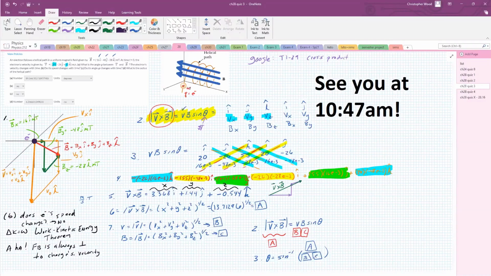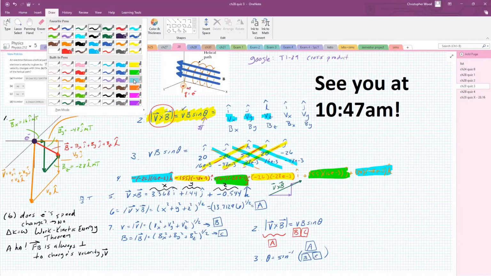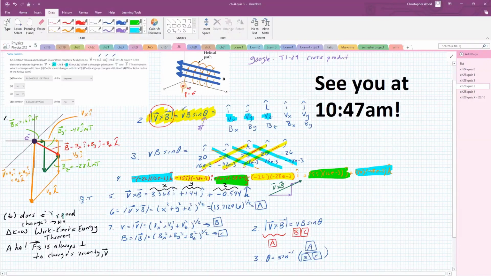Or maybe more intelligently, why is the magnetic force always perpendicular to the velocity vector? At this point, all I can say is this is the design of nature. This is how nature has architected our universe.